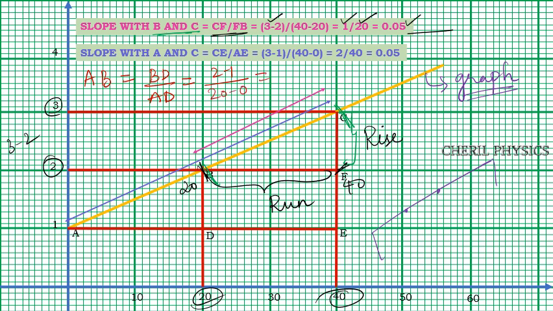So again you will get it to be 2 by 20. See here, your 2 minus 1 is what? So 1 by 20. So you will get again 0.05. Now are you able to understand that any 2 points are going to give you the same thing? Yes. So this is regarding your slope, your calculation of slope.